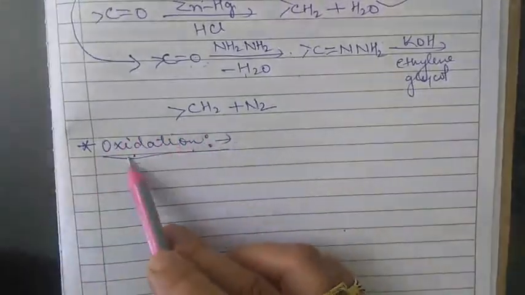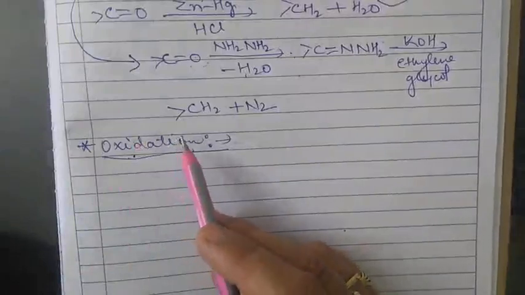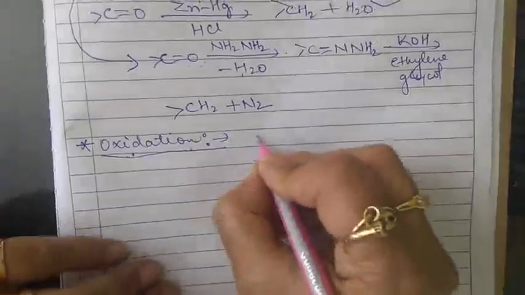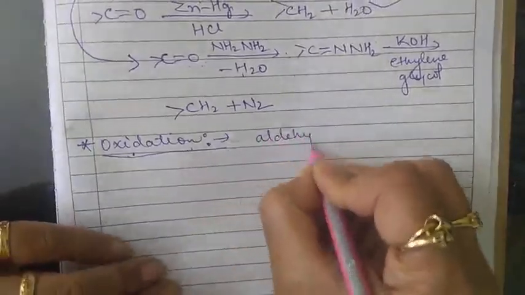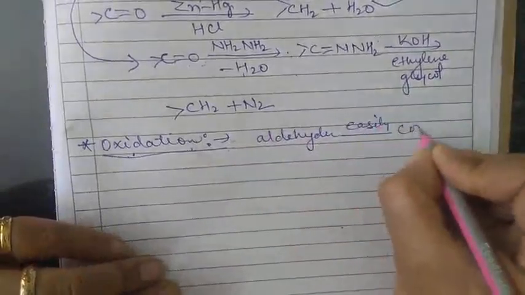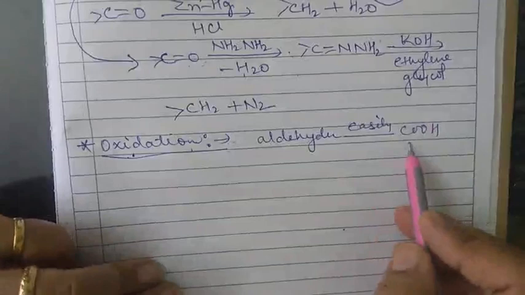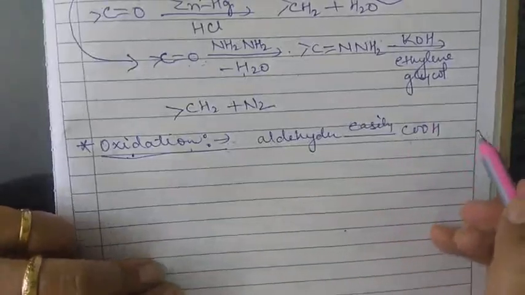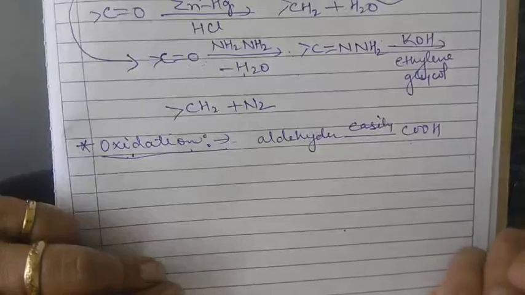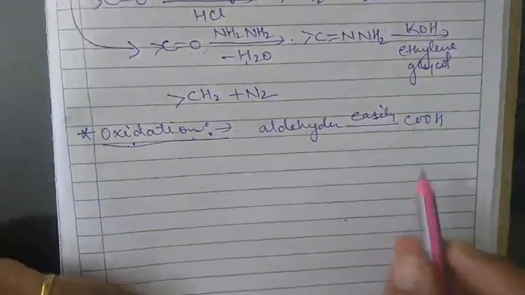Aldehydes are easily oxidized to COOH, a carboxylic acid, on treatment with common oxidizing agents: nitric acid, potassium permanganate (KMnO4), and potassium dichromate (K2Cr2O7).